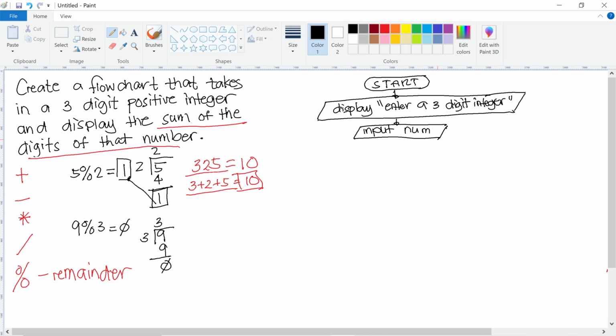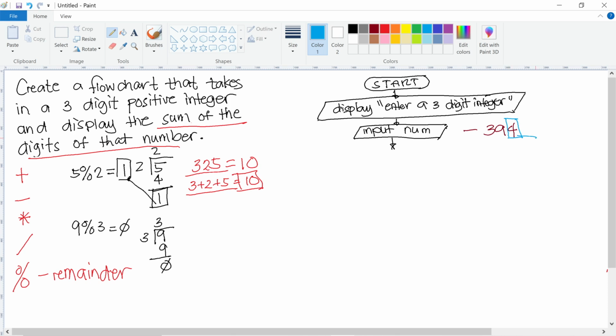Now, after getting the number, we are to extract the last digit first. So say for example, the number that the user would enter is 394. So what we're going to do is to extract first the last digit. And how do we do that? We make use of the modulo operator.